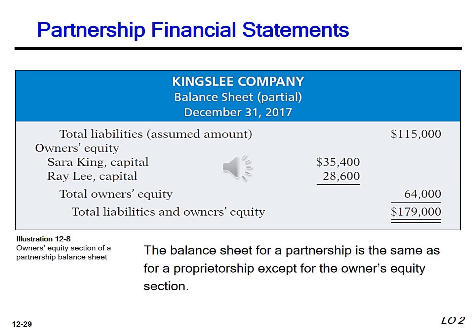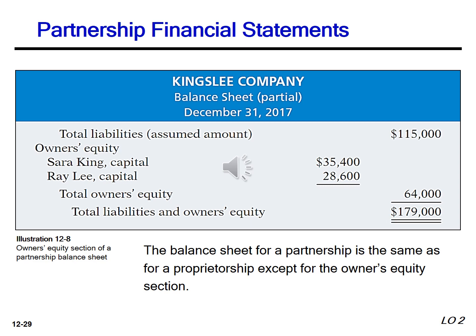Now also think of the balance sheet and how we're going to represent the partnership on it. Remember from Accounting 1, when we built a company's balance sheet, we had a single figure for owner's equity. The only difference here is that we split the owner's equity into each partner's capital.